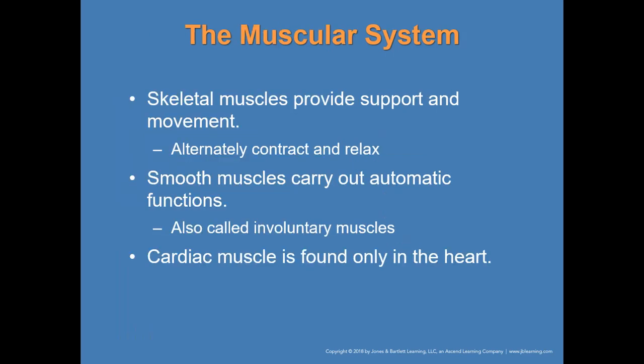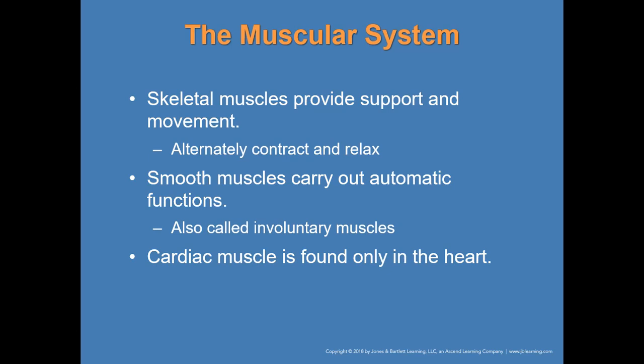Right? And then working alongside that is the muscular system. So skeletal muscles provide support and movement. They contract and relax. Smooth muscles carry out automatic functions, and they're called involuntary muscles. These are muscles that move without us having to do anything.